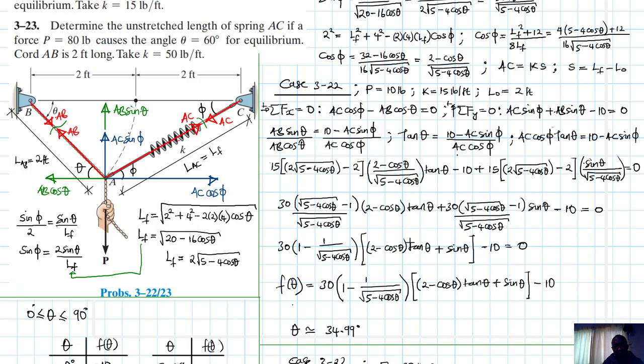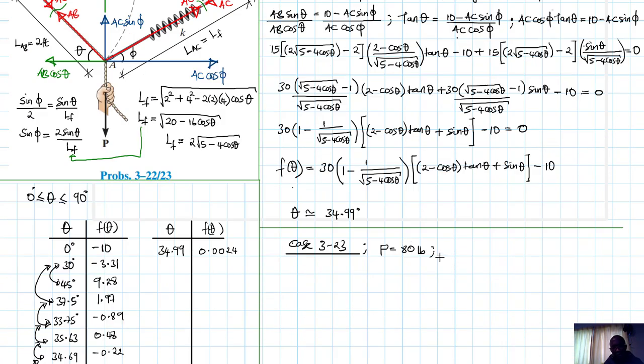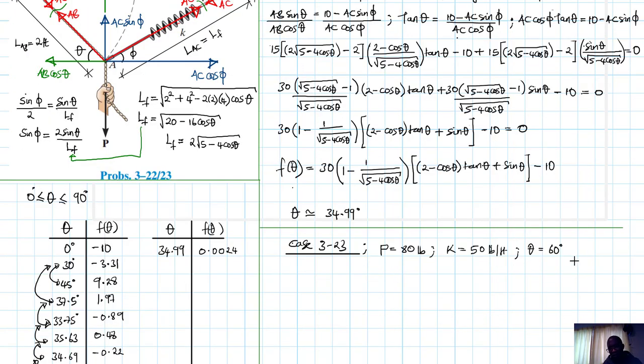We have K, the spring stiffness, equal to 50. This is 50 pounds per foot. And then we have theta here. Theta is given equal to 60 degrees. Okay. And we are being asked to find the unstretched length of AC. So we are being asked to find L original for AC.